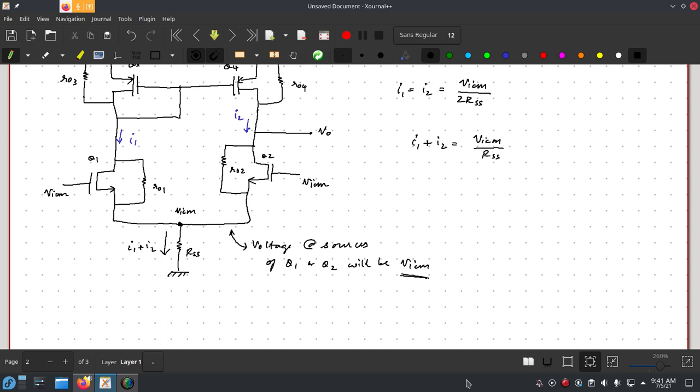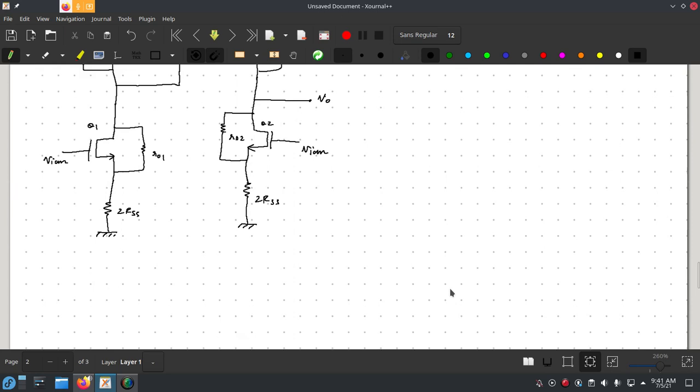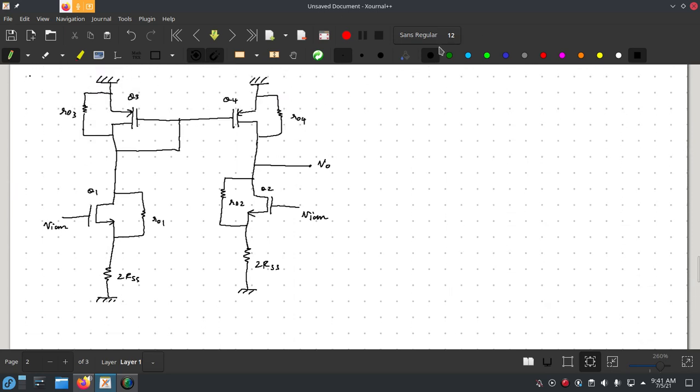So now instead of writing this RSS, I am going to split that RSS, one for the I1 wing and the other for the I2 wing. In that case, that RSS will become 2 RSS. So this one will be I1, this one will be I2. Then what would be R01 and R02?